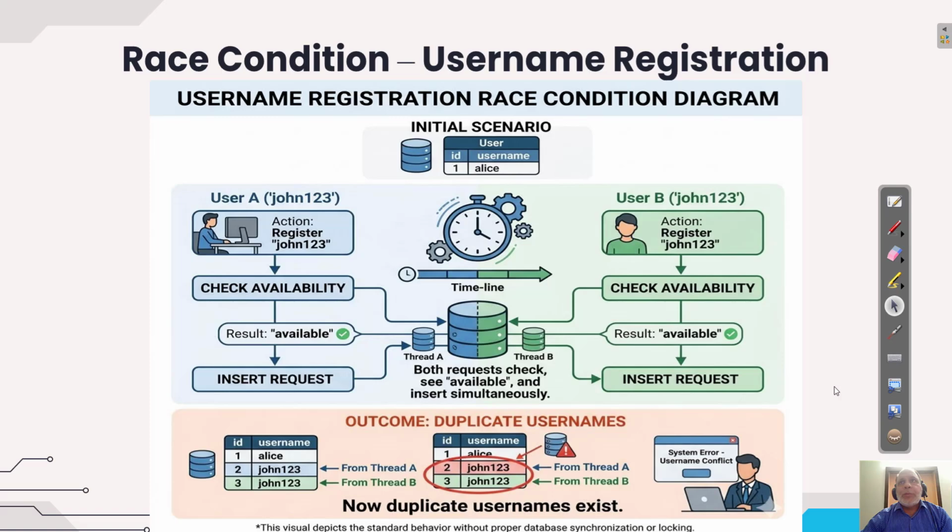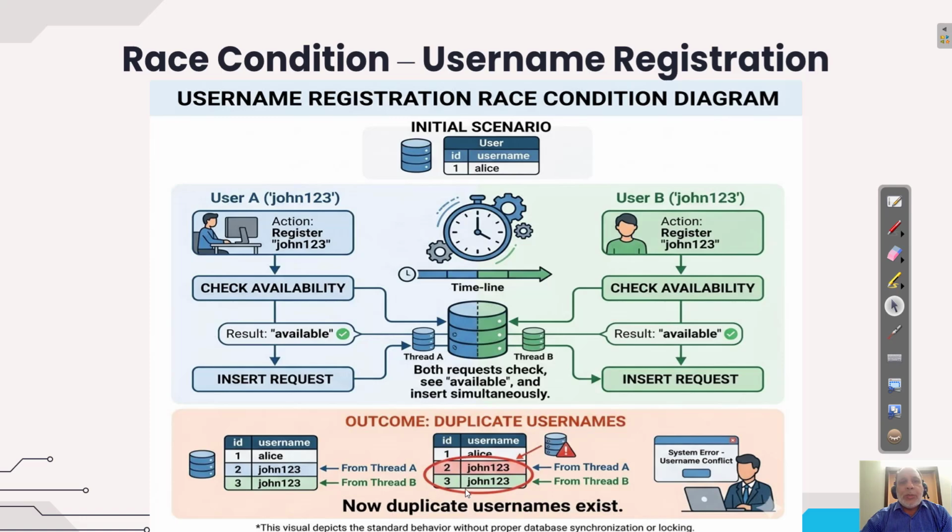Okay, another example is username registration. For example, user 1 and user 2 both try to register with John123, right? Both check the availability, and the username is available. So user 1 and user 2 both try to insert the request and add the data, right? In this case both writes are inserted, and here you can see in the database that user 2 is John123 and user 3 is also John123.